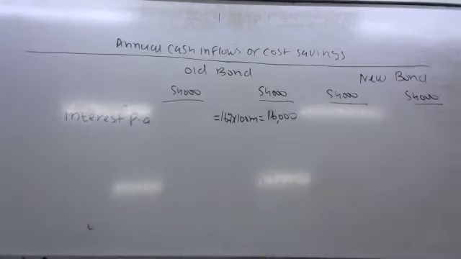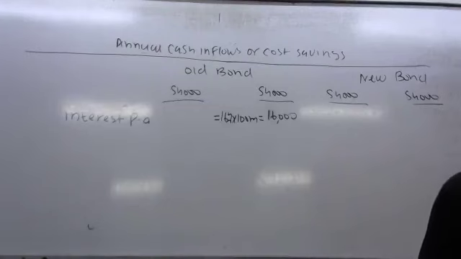Then we go to the new bond. We also check interest on the new bond. You confirm in the second paragraph. You can see they talked about a financial analyst engaged by the company to assess the possibility of refinancing the debt.